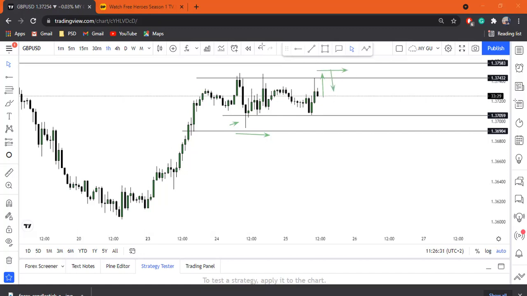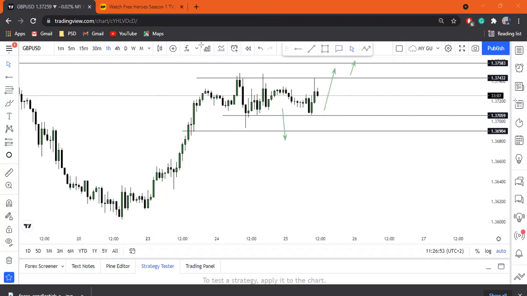So those are the things that you need to understand when you're watching a range. You need to keep that in mind when you're looking out for a fake out, because price has to do a fake out. If it's going to break out above, it's going to do a fake out at the bottom for it to successfully break out above.